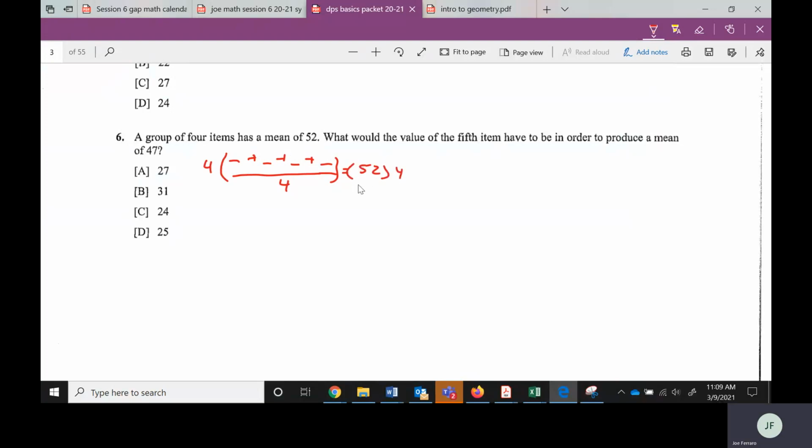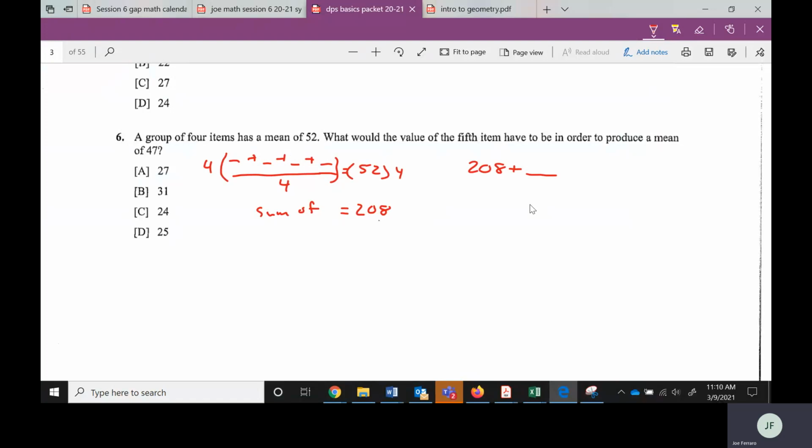So 52 times 4 is 208. So right now, you have a sum that equals 208.